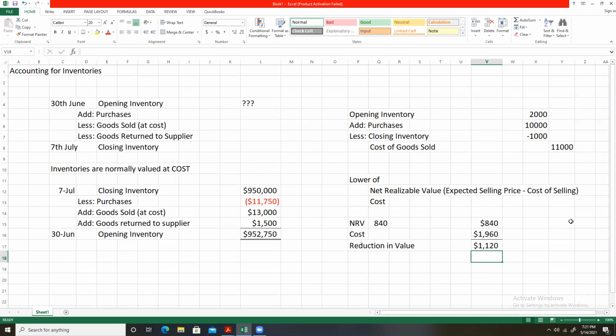Previously, the inventory was valued at a cost of $1,960, but now the inventory should be valued at net realizable value, as the net realizable value is less than the original cost at which the items were purchased.